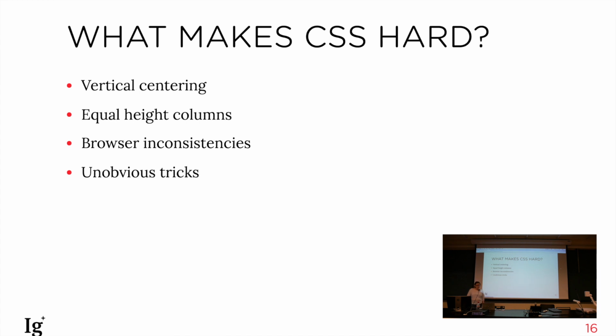And some people say that they need to memorize unobvious tricks that they do not understand. They need to provide a certain amount of properties to get some results, and they always have to Google for a solution because they cannot memorize it. It's not logical. Why do you need this? So this is also often mentioned.